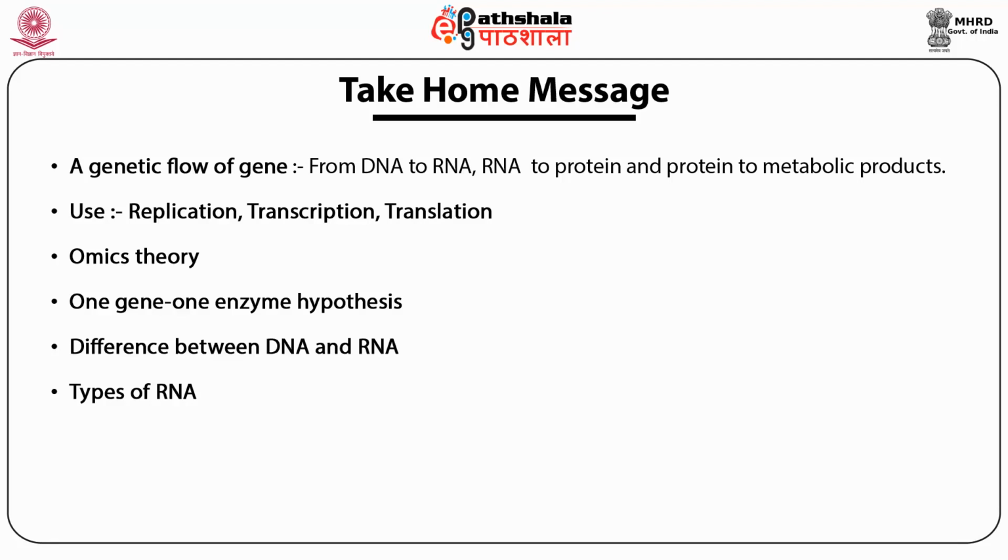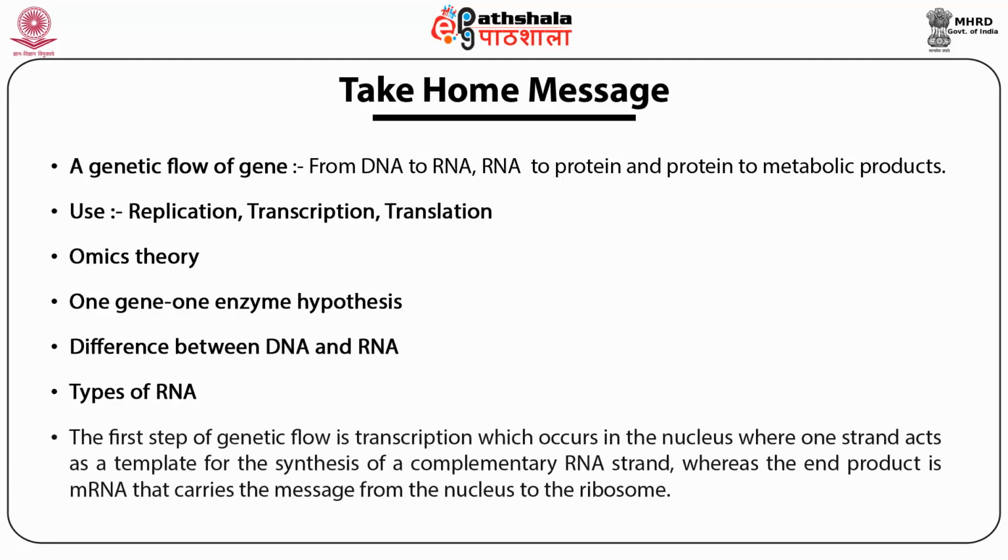And finally, we conclude this chapter that the first step of genetic flow is transcription, which occurs in the nucleus, where one strand acts as a template for the synthesis of a complementary RNA strand, whereas the end product is mRNA that carries the message from the nucleus to the ribosome.